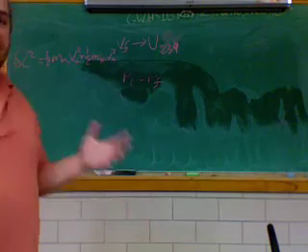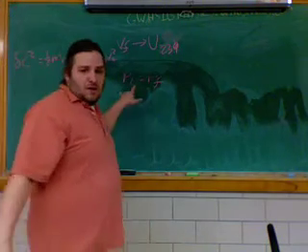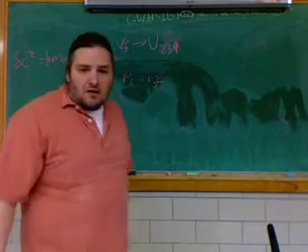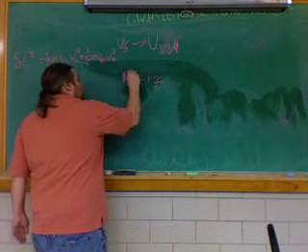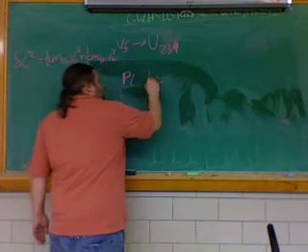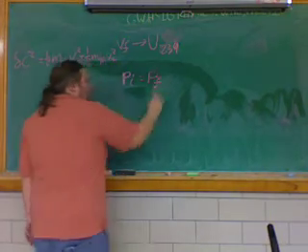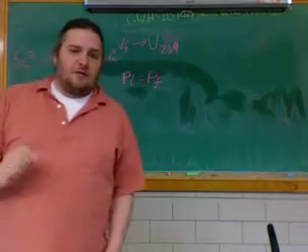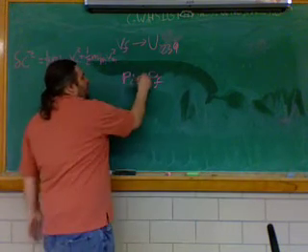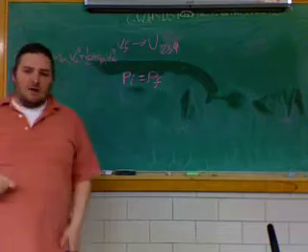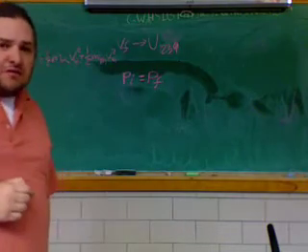Because velocity is relative, we can say before the explosion, before the decay here, I can say that the initial momentum is equal to 0, meaning the final momentum is equal to 0.